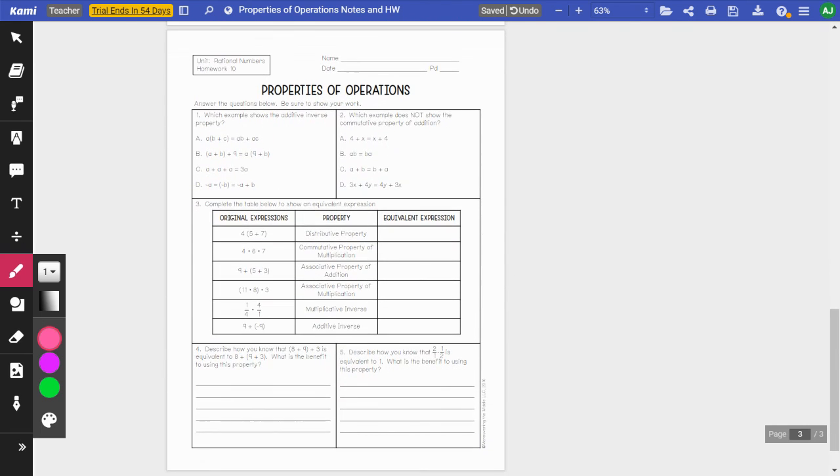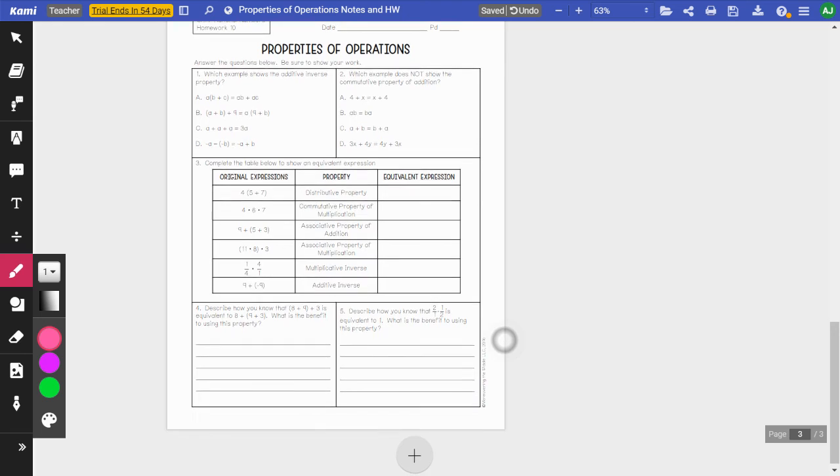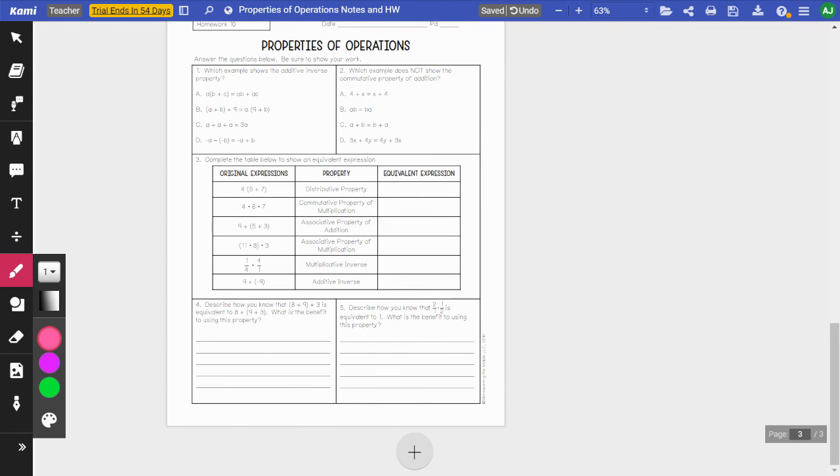Okay, I'm going to zoom out just a little bit and talk about homework. On questions 1 and 2, they are multiple choice. Question 3, you are taking your original expression, doing whatever property it's telling you in the property column, and then you're going to write your equivalent expression. So on this first one, it is saying that it is 4 parentheses 5 plus 7, and it wants you to distribute. So we would write 4 times 5 plus 4 times 7.